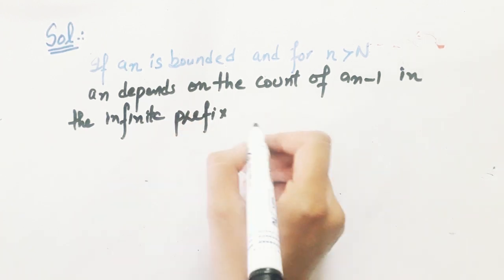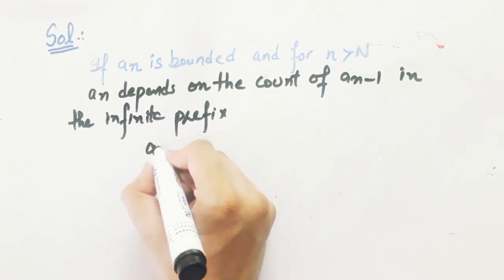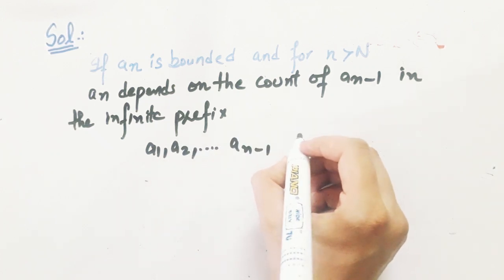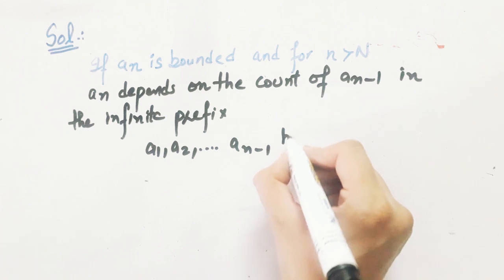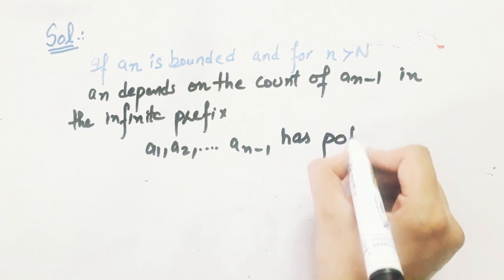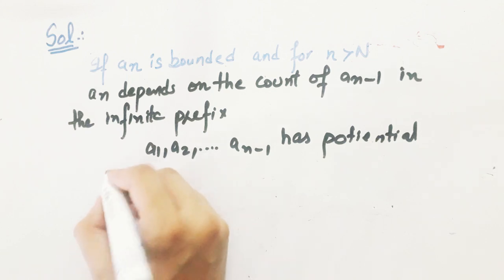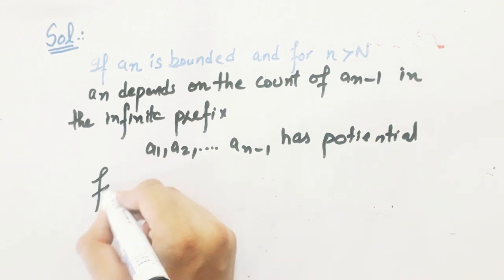So we will say that a1, a2 up to an minus 1 has potential for repeating patterns.